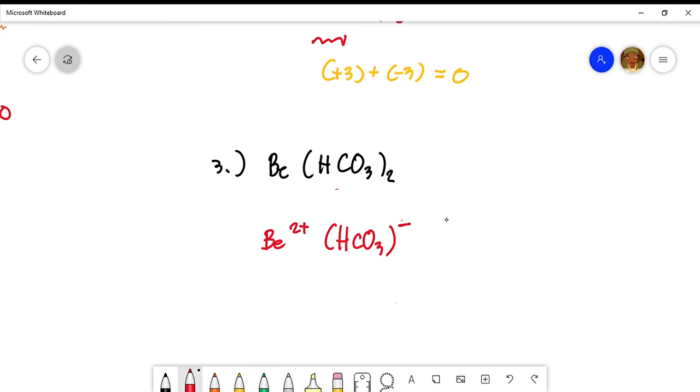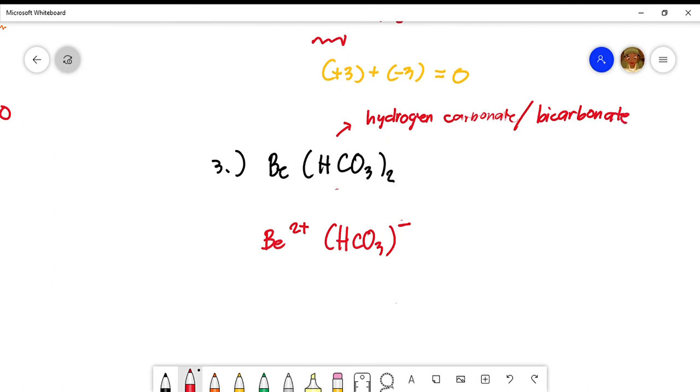So now we have beryllium bicarbonate, or I'm just going to write this down. It can be named as hydrogen carbonate, or in short, bicarbonate.